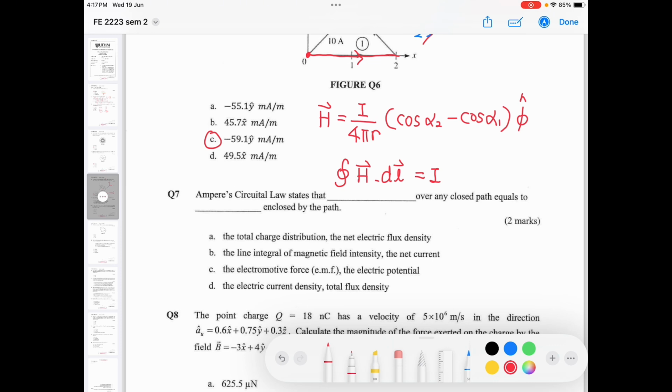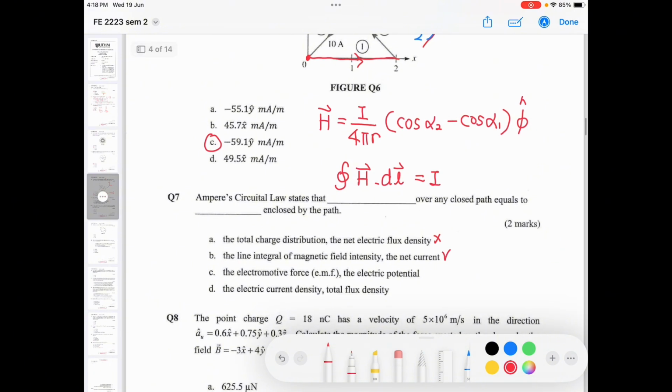The flux density is wrong, the potential is wrong. So it is the line integral of the magnetic field over any closed path equals the net current enclosed by the path.